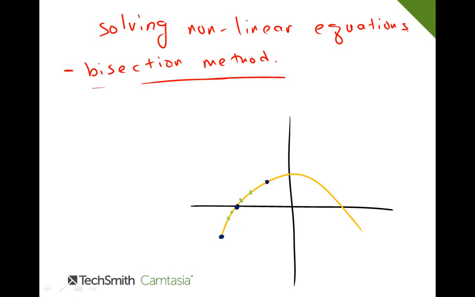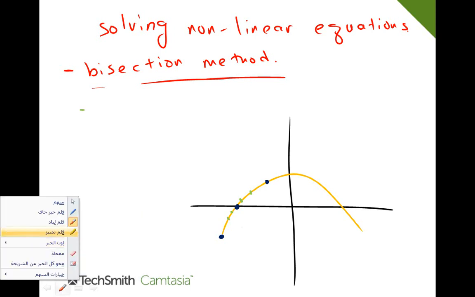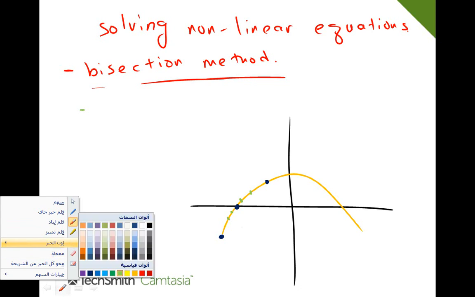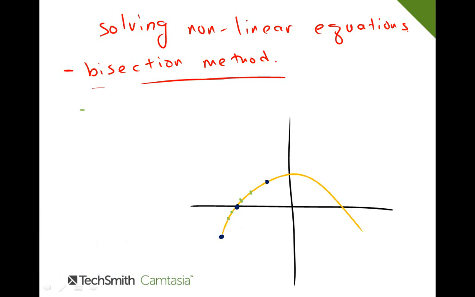Sometimes this number is going to be in decimal places, so most of the time we have to decide how many decimal places we're going to work on. I might be talking about 3 decimal places, 5 decimal places, whatever. It depends on the accuracy that I'm looking for. Okay, this is the mechanism or the method that we're going to use.